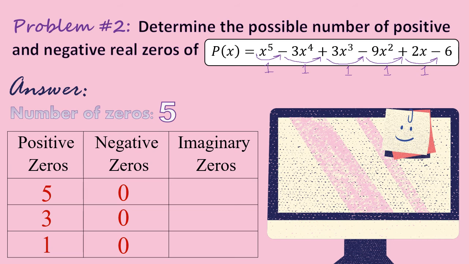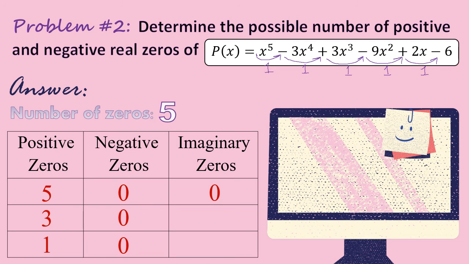And for imaginary zeros, there is no need for us to count the variations of signs as well. So, just use our common sense. If we do have 5 positive zeros and no negative zeros, we will have 0 imaginary zeros because 5 plus 0 plus 0 is 5.